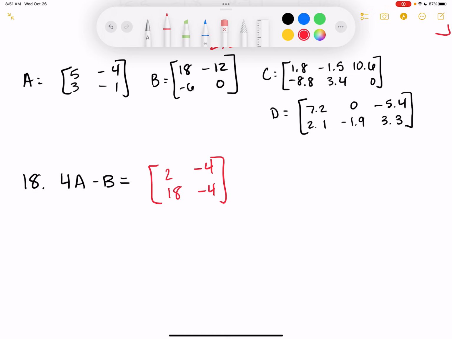What did you get, Riley? 2, negative 4, 6... I got 2, 28, 18, negative 4. My guess is the bottom is probably wrong. I would go back and check and make sure. Oh, I know what I did wrong. I had just a regular 4 rather than a negative.